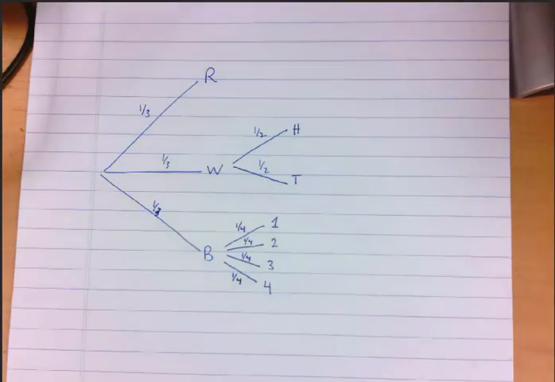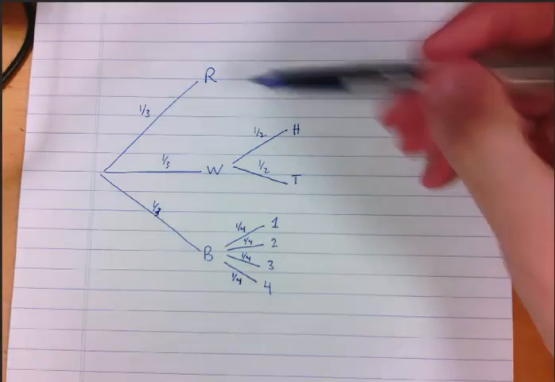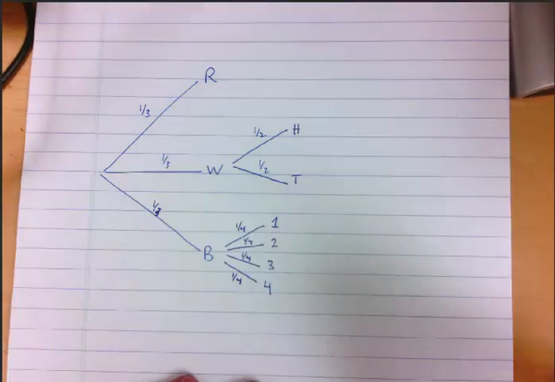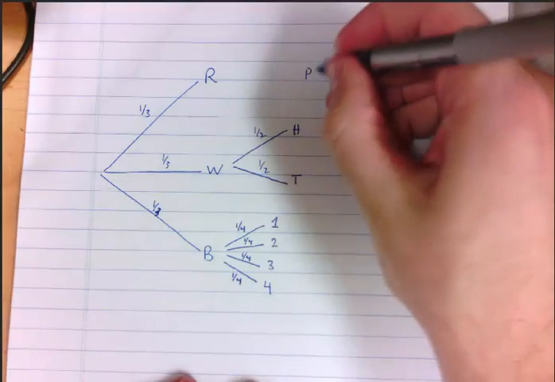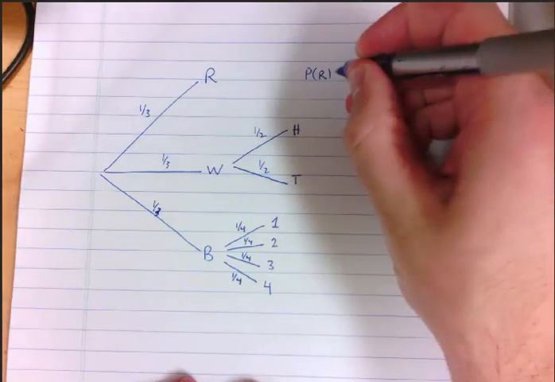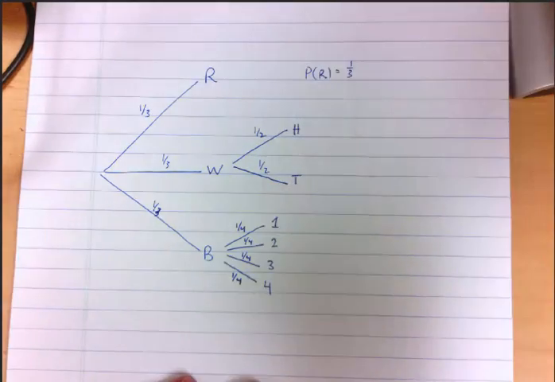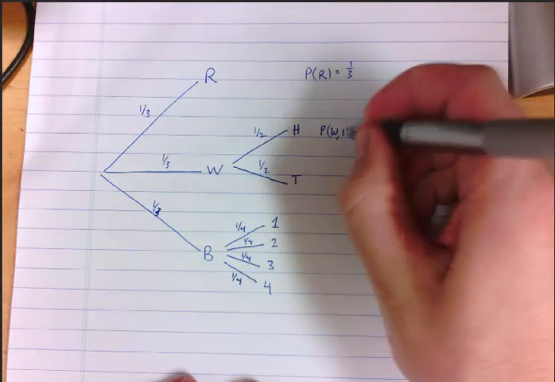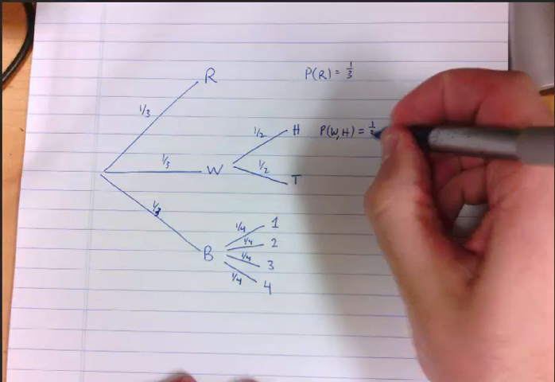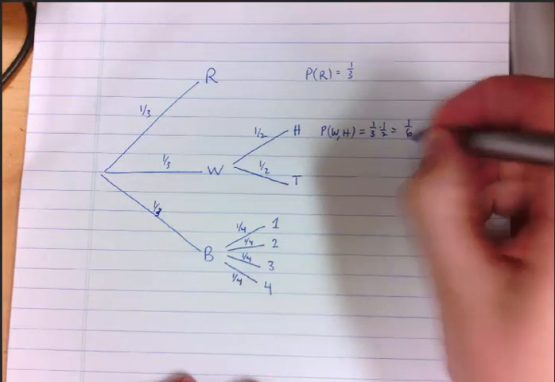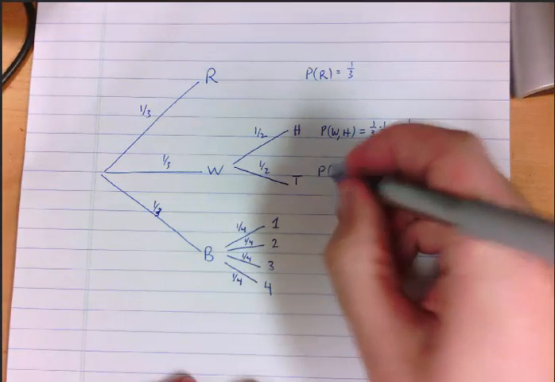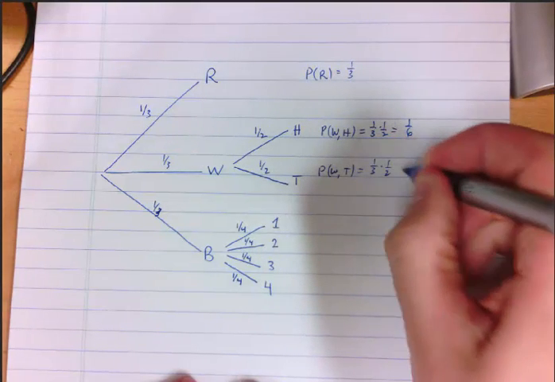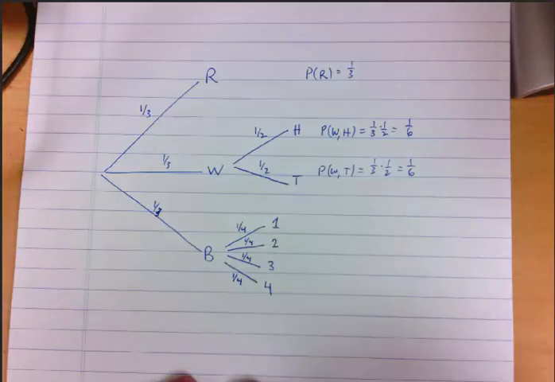Alright, so I think I see 7 different ways that this could end. So the probability of a red ball, well, 1/3 of the time that will happen. The probability of white followed by heads is 1/3 times 1/2, or 1/6. The probability of white followed by tails is 1/3 times 1/2, or 1/6.